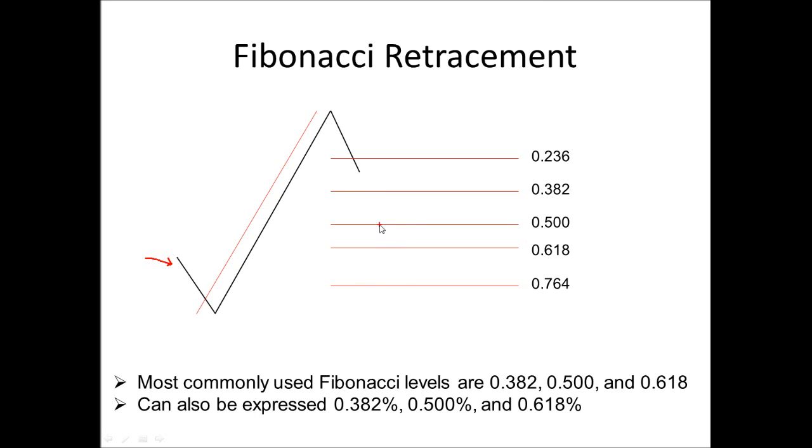And each of these levels is a potential level where price would reverse, the pullback would end, and price would go for another push. There are 5 levels or ratios, but the middle 3, 0.382, 0.500, and 0.618, are the most commonly used levels, and these can also be expressed as percentages.